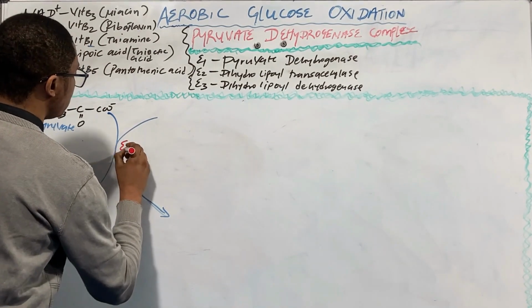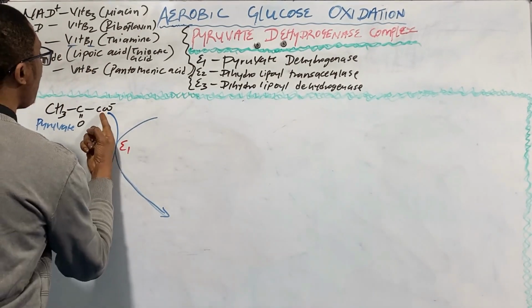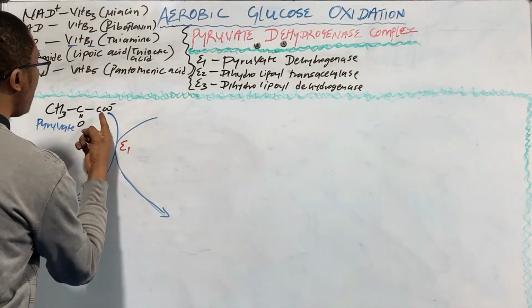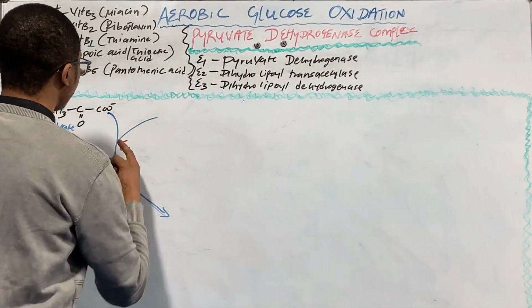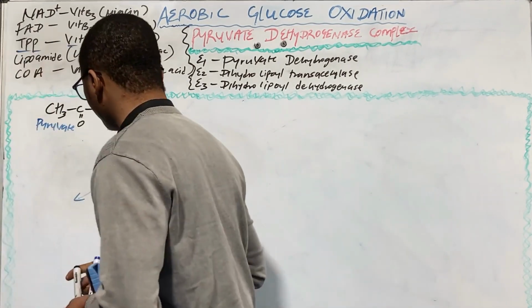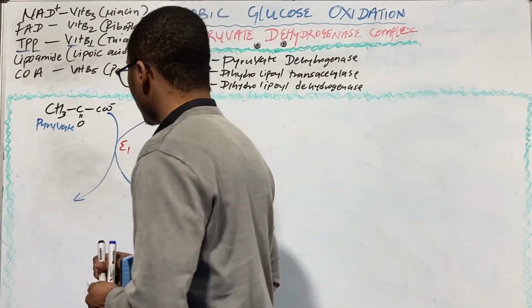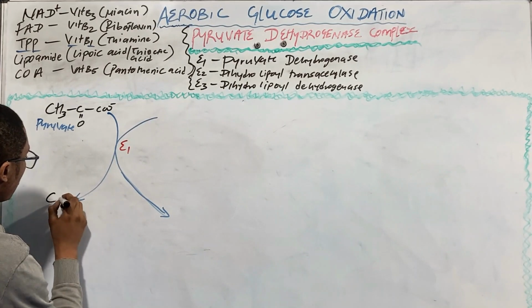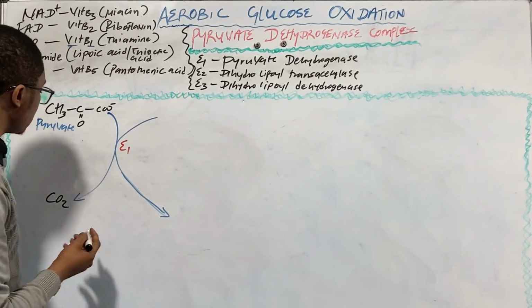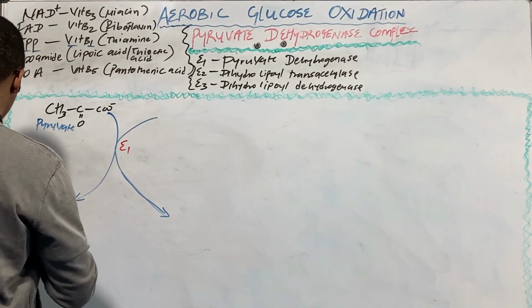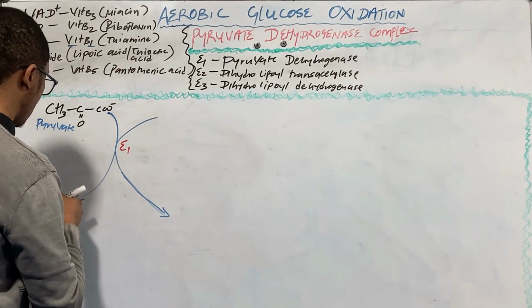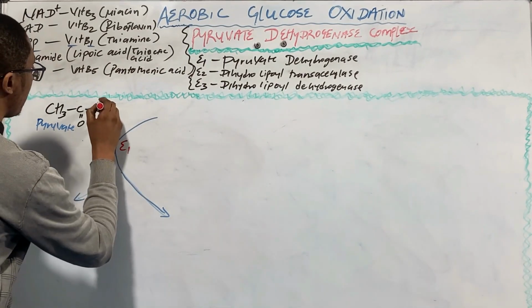Reacting with enzyme 1, a carbon is lost from pyruvate, and this carbon comes off in the form of CO2, which is carbon dioxide. So this part is lost.